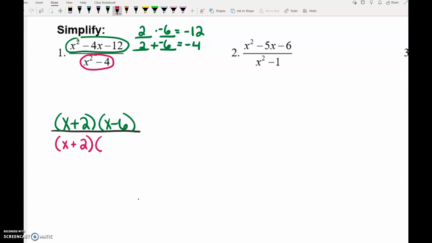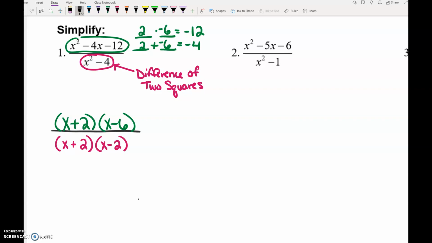This factors into x plus 2 times x minus 2. So remember, this type is called the difference of two squares. Anytime you see x squared minus a perfect square, it's a difference of two squares.